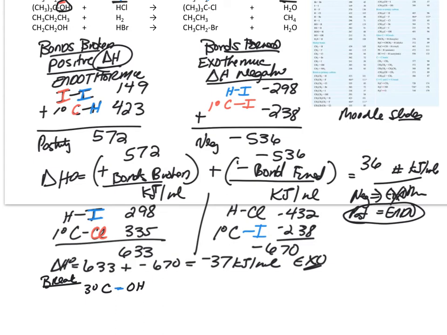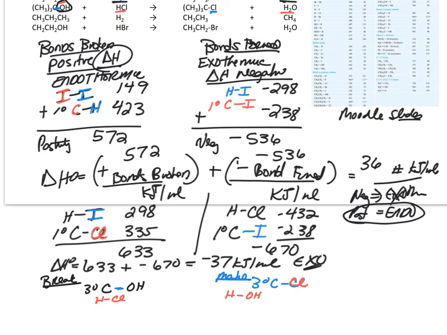So we're breaking that bond here, and we're going to make a tertiary carbon Cl bond, okay? And then we're going to have to break the HCl, and we already make the Cl here, but then we're going to make an OH-H bond, a water bond.